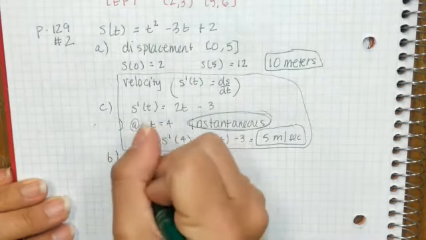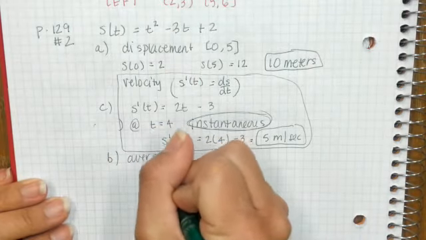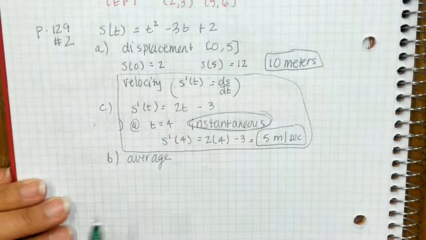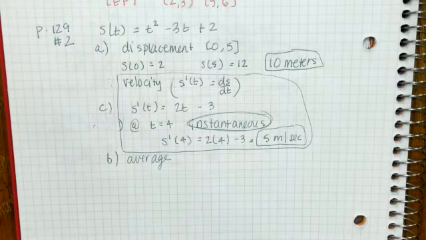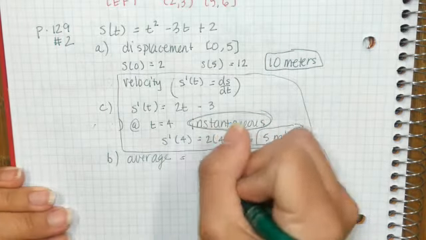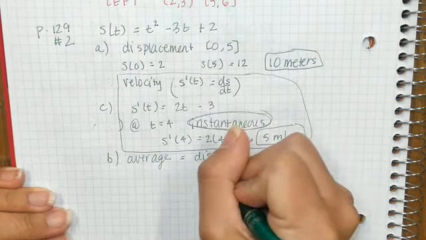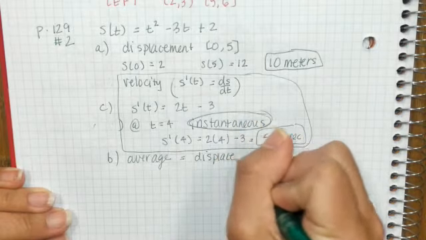Part B wants you to find the average. And the average is just the change in distance, whatever you want to call it, the displacement over time. The displacement is 10 meters.